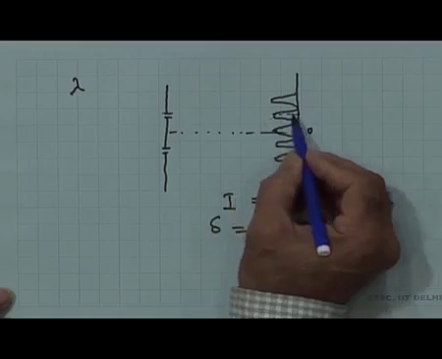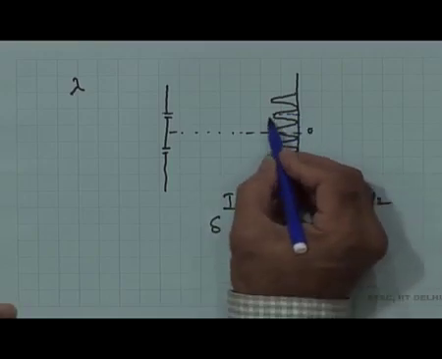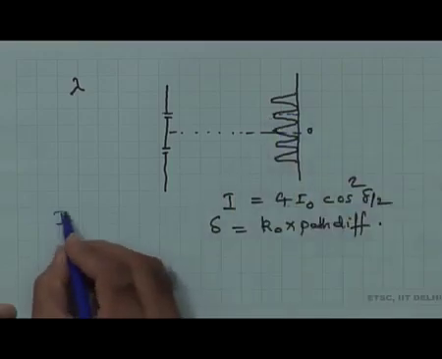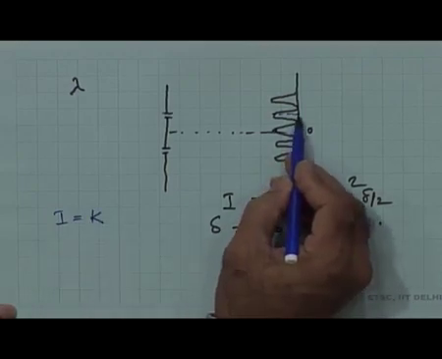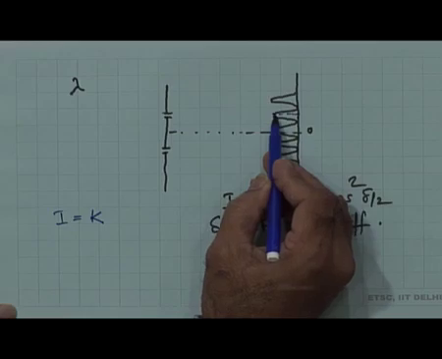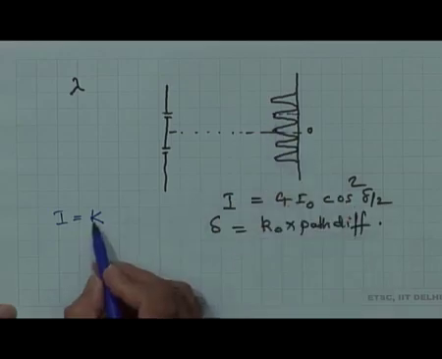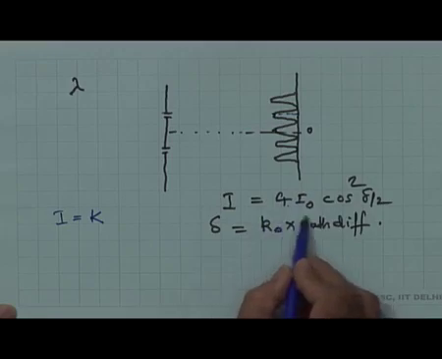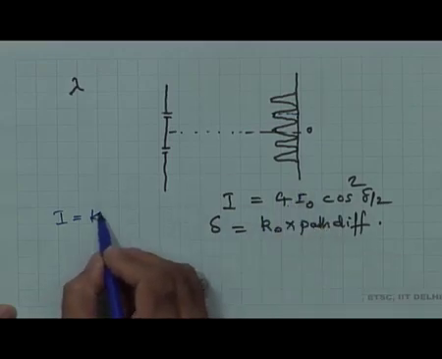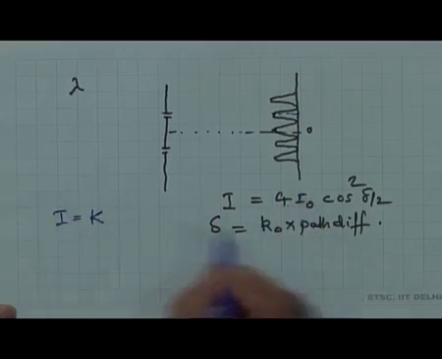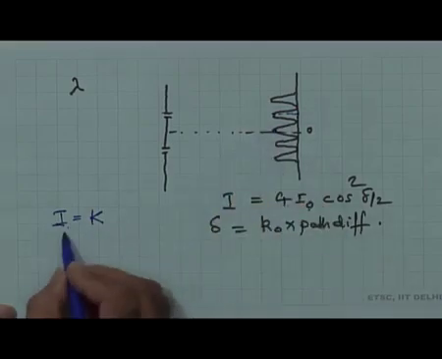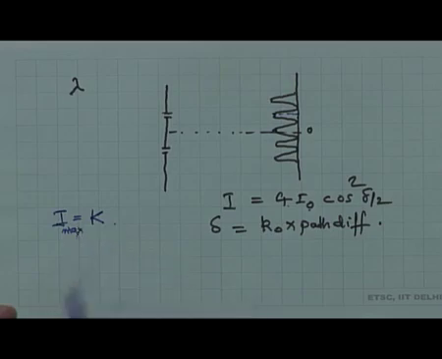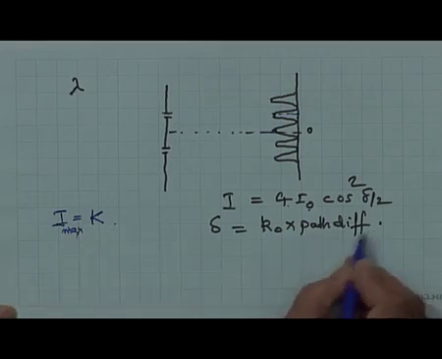The intensity I is equal to k at a point where the path difference is lambda, which means the maximum value is 4 times I 0. This value is given to be k, so we need not write it as 4 times I 0. So I max is k when the path difference is lambda.